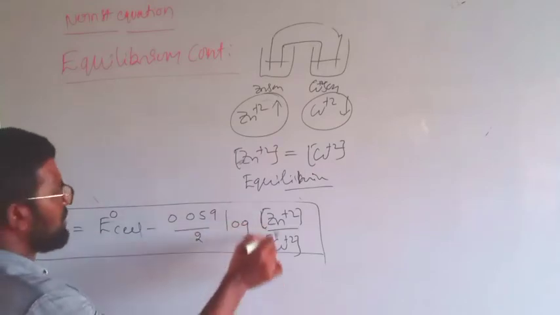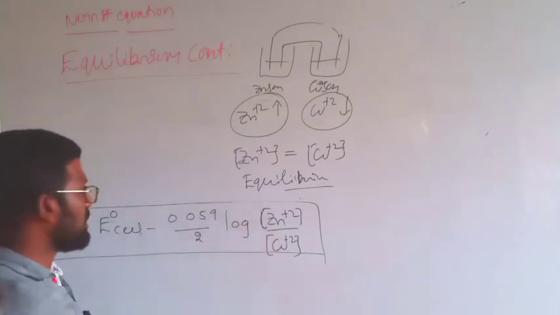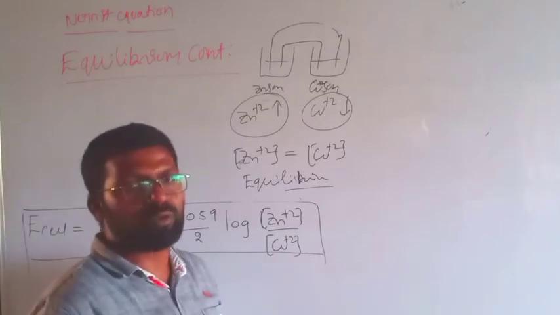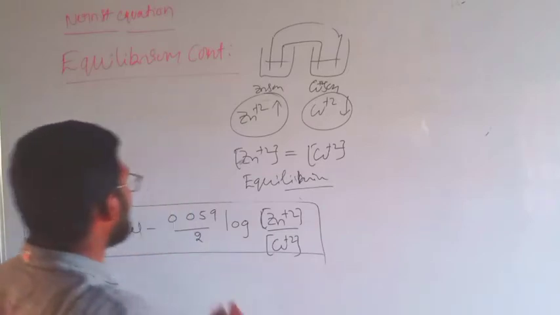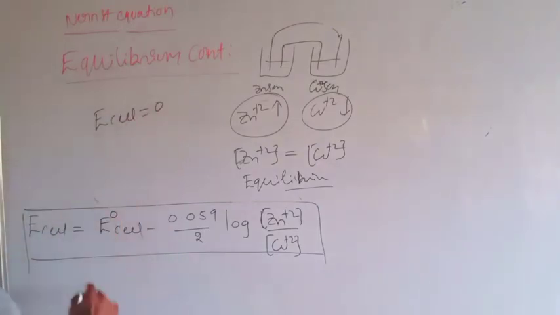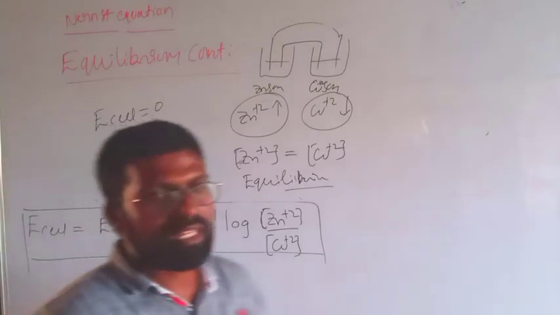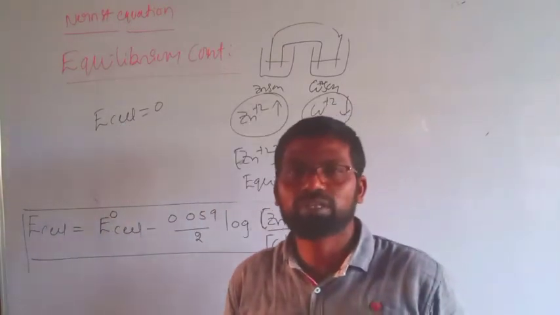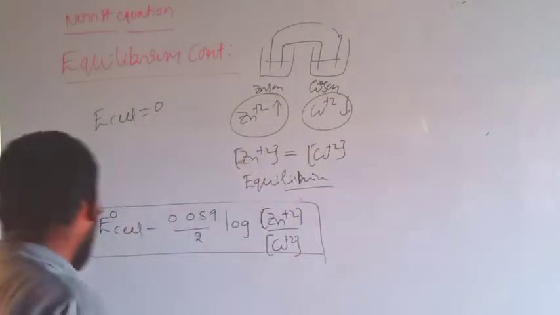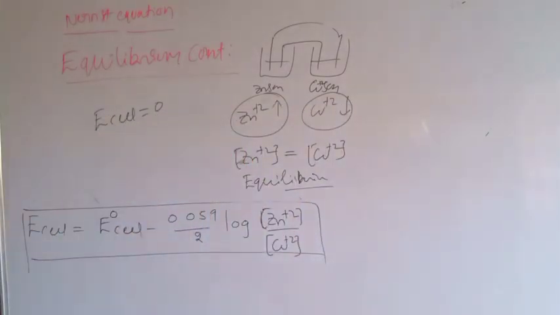When both the molar concentrations become equal, the total potential of the cell becomes 0. That means E cell is equal to 0. At equilibrium, the cell potential becomes 0 because there is no movement of electrons through the external circuit.